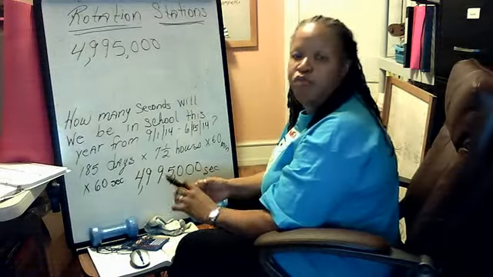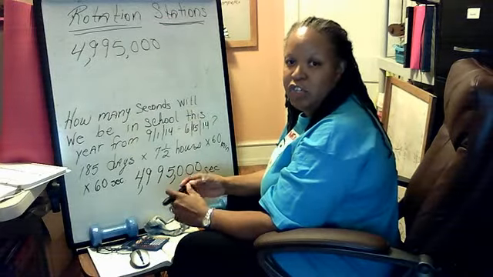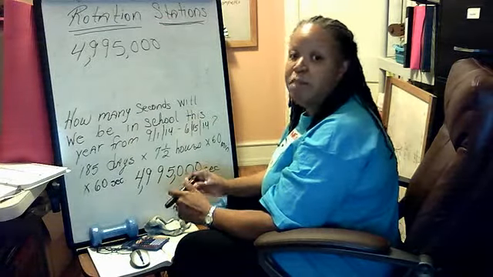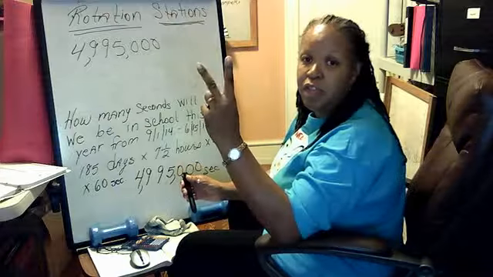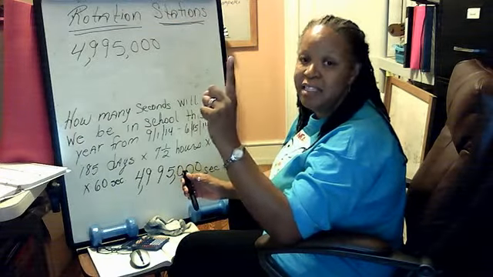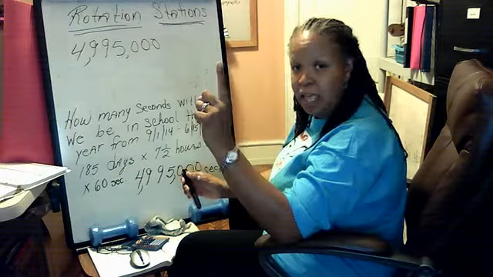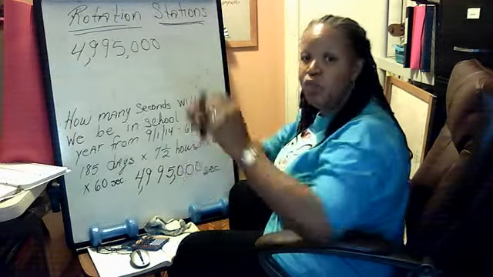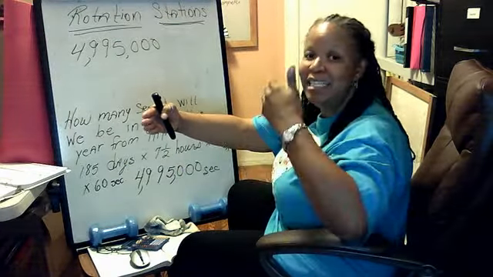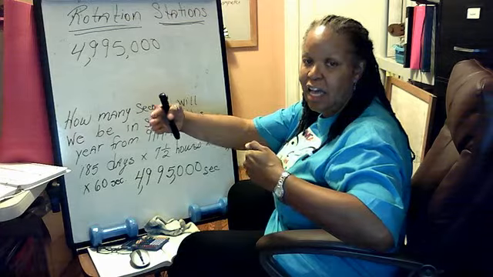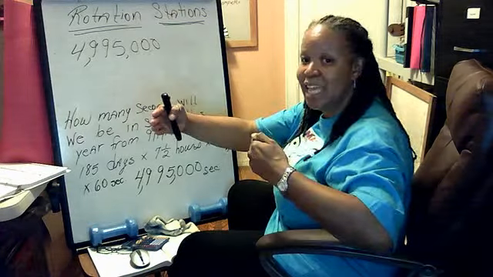In order to write a number in scientific notation, we have to remember 2 steps. The first one is you need to write the number so that it looks like a number between 1 and 10. A number between 1 and 10.